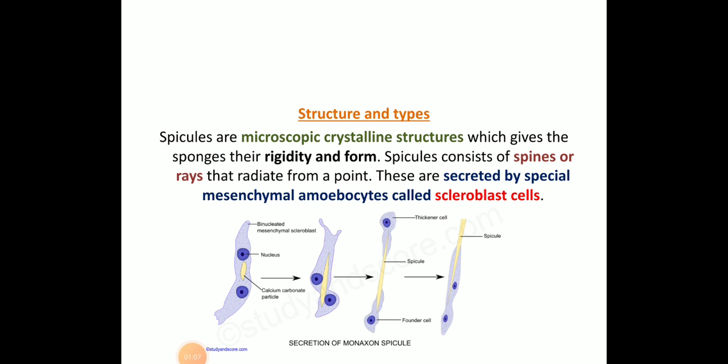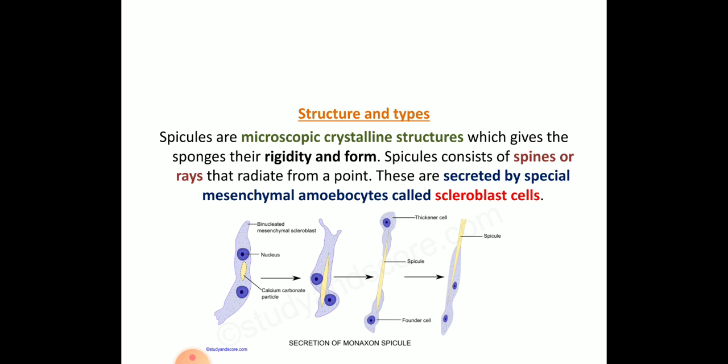Structure and type: spicules are mainly microscopic crystalline structures and they are very rigid in their form. These spicules consist of spines and rays, and usually they are secreted by special mesenchymal cells called scleroblast cells.